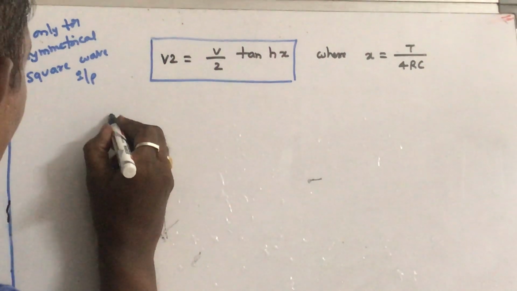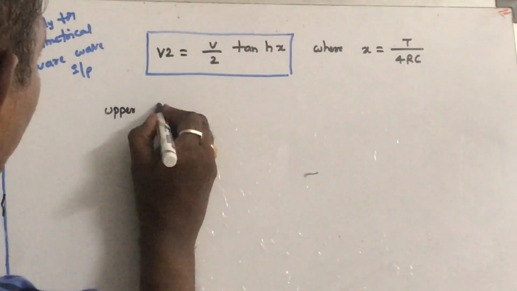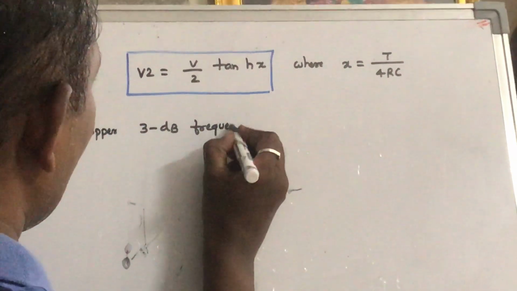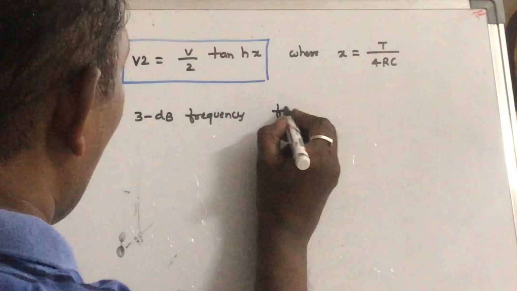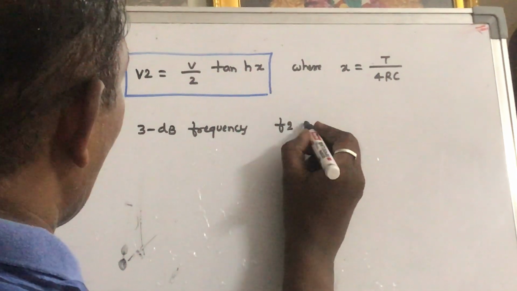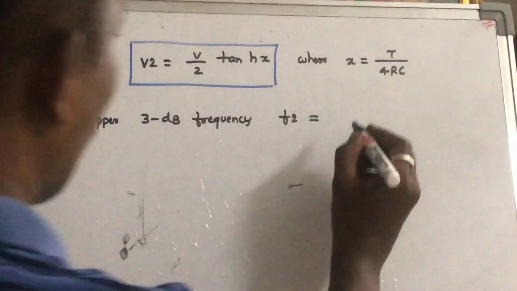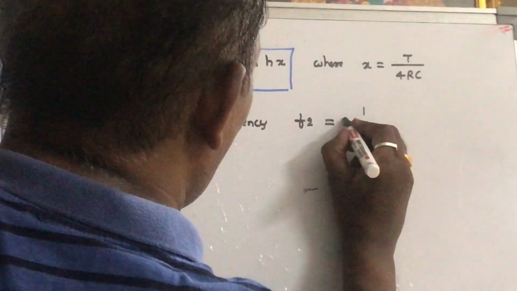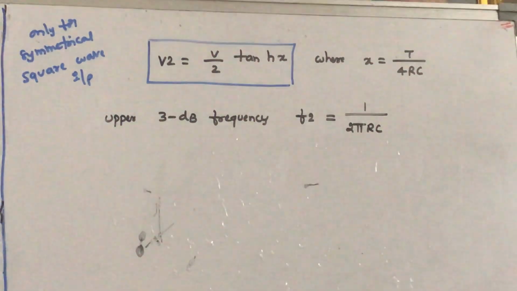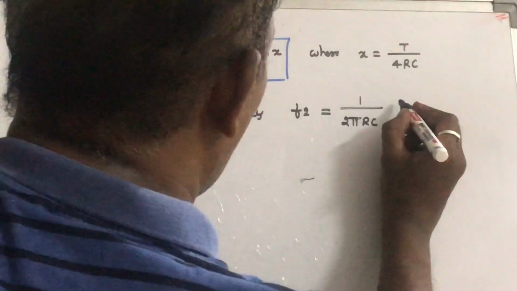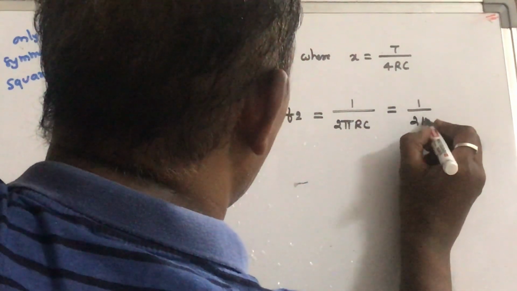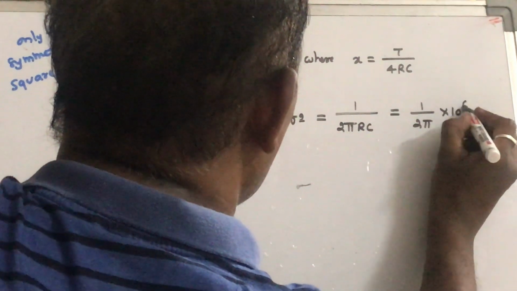Now, in this formula the time constant RC is not given, but indirectly the upper 3 dB frequency is given. The upper 3 dB frequency is represented with F2, and the formula is the same for high pass filter and low pass filter, as explained in the previous lectures: 1 by 2 pi RC. It is given as 1 by 2 pi megahertz, mega meaning 10 power 6.